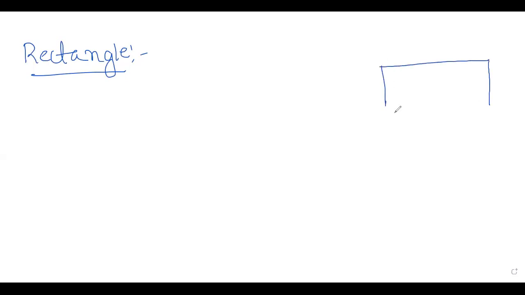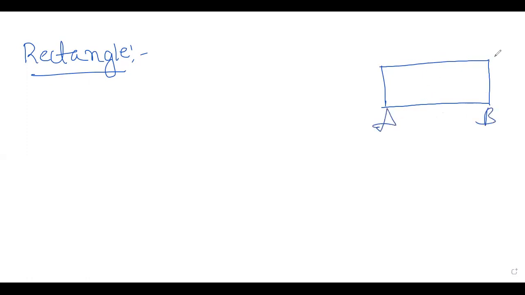Next one is rectangle. What is a rectangle? You know, it is a quadrilateral. It is one of the types of quadrilateral. And here, square alli ella sides are equal itto, and here only opposite sides are equal.